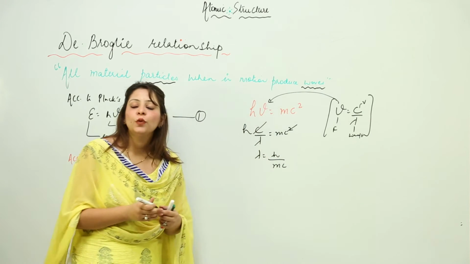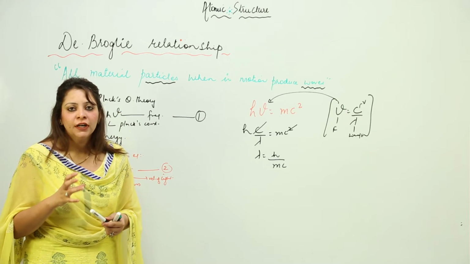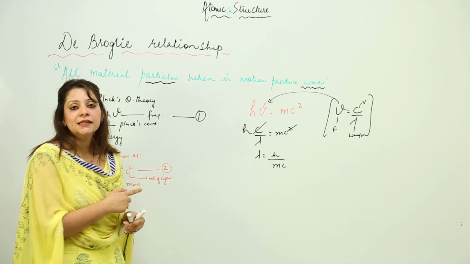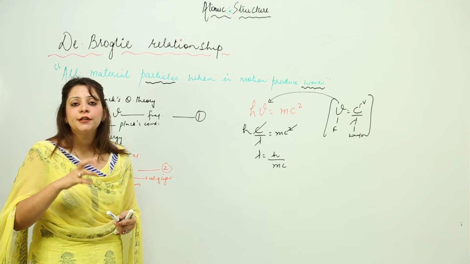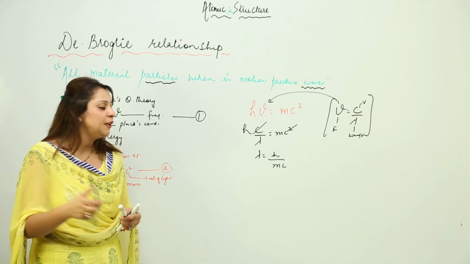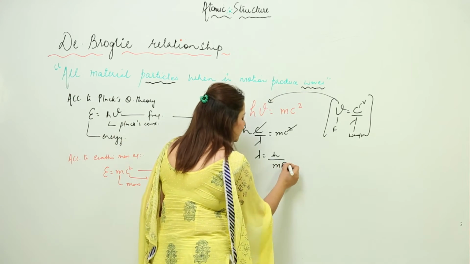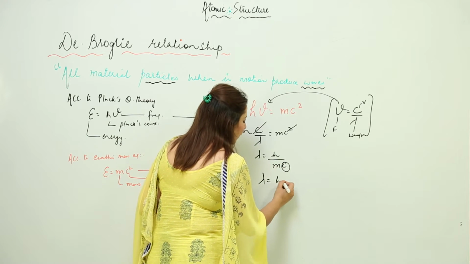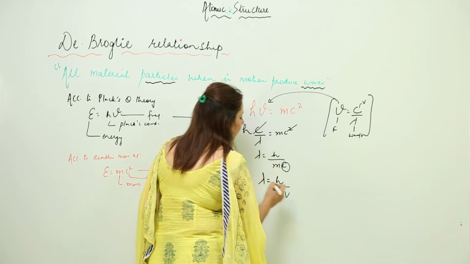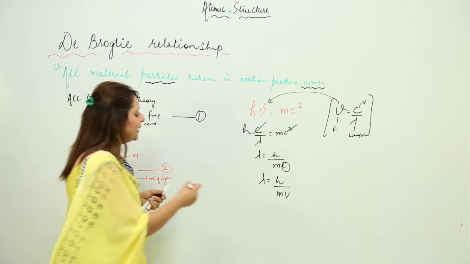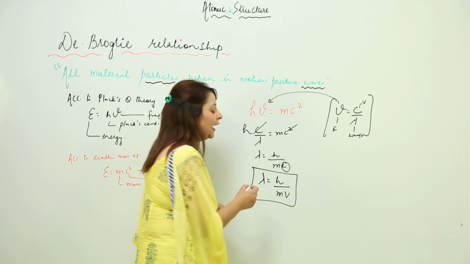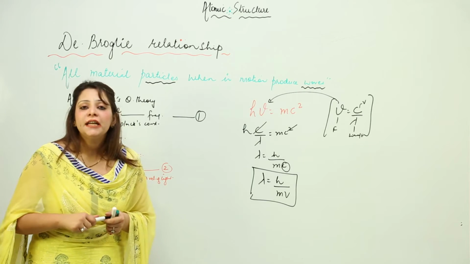This is the expression for the de Broglie relationship, right? But here c is the speed of light, if we consider a photon. If we are considering some other particle, we can replace c with v. So we can also write lambda is equal to h over mv. This is the mathematical expression derived for the de Broglie relationship.